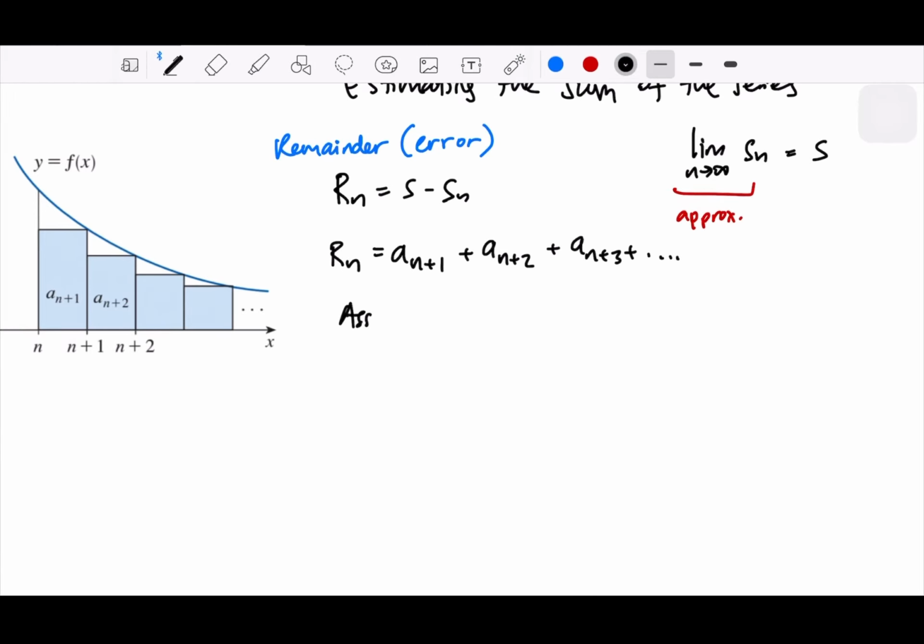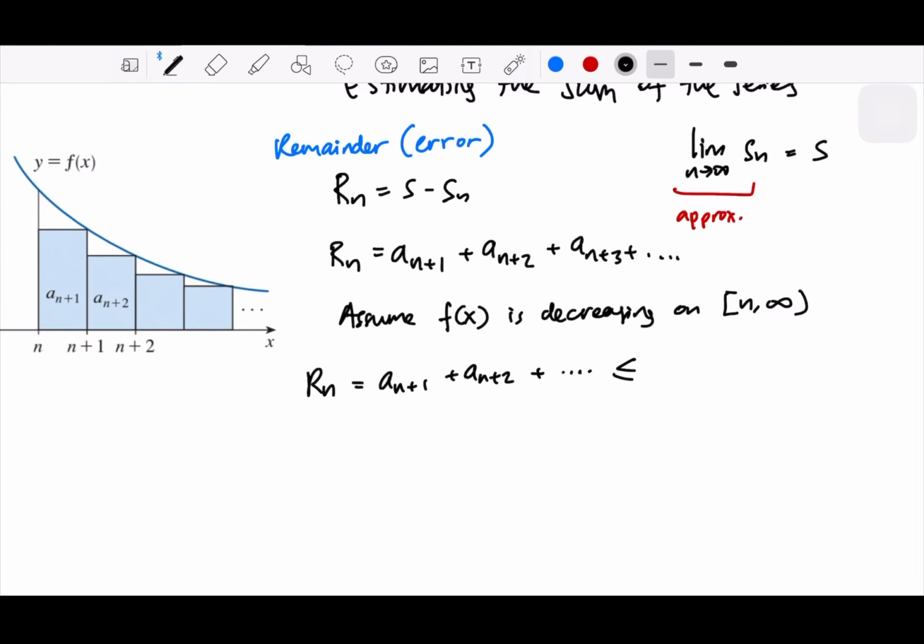So if we assume the function is decreasing, like in the integral test, on n to infinity, we are going to see that the error itself will be less than or equal to the total area under the curve.